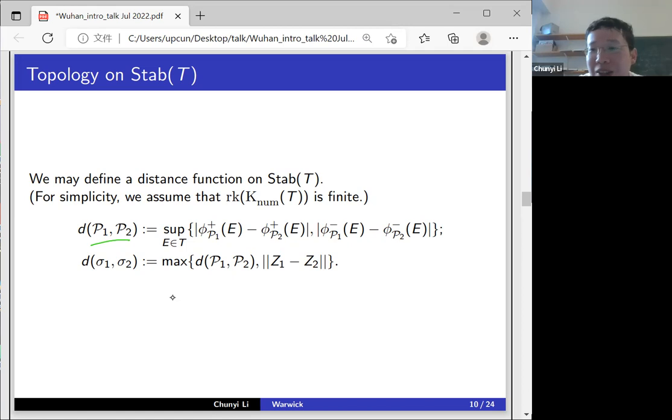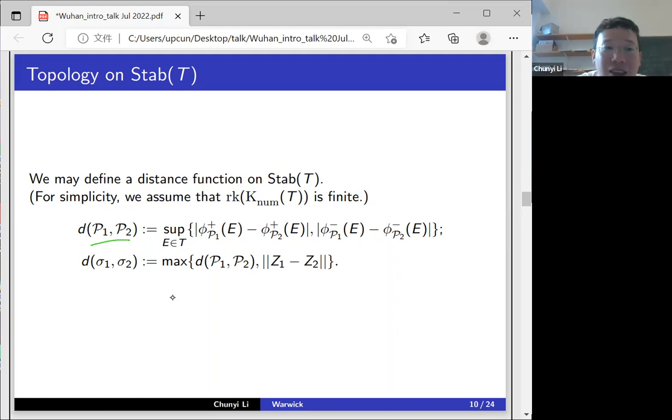Actually, you can show that you only need to check all of the stable objects in one slice. So it's something really doable. That distance function on the slicing is really a disaster. But we will see later on that it's not that useful because you can throw it away in the future.